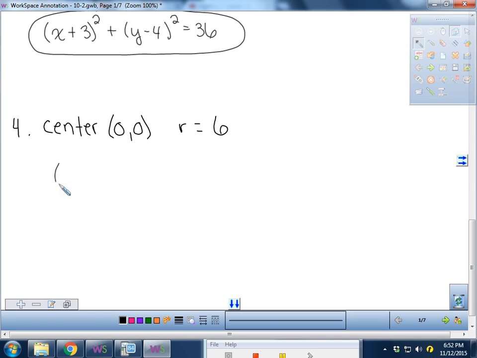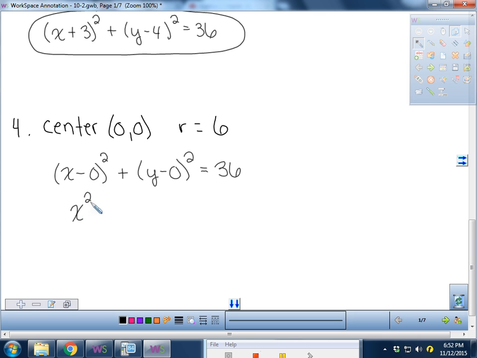So I've got x minus 0 squared plus y minus 0 squared equals radius squared. 6 squared is 36. It is improper to leave x minus 0. If you take x and you subtract nothing, you're left with x.